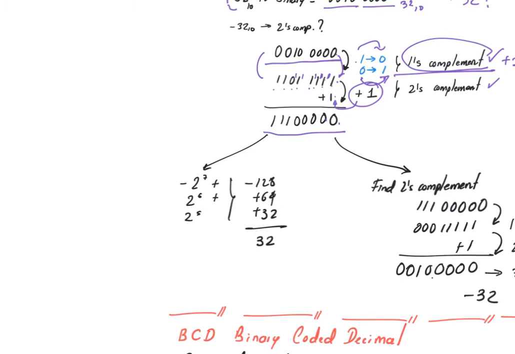I know that the first position is minus 2 to the power of 7, so that's minus 128. So it would be minus 128 plus 64 plus 32, right? And that's minus 32.